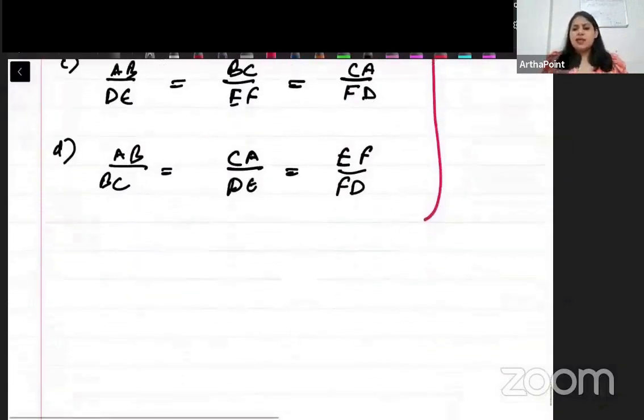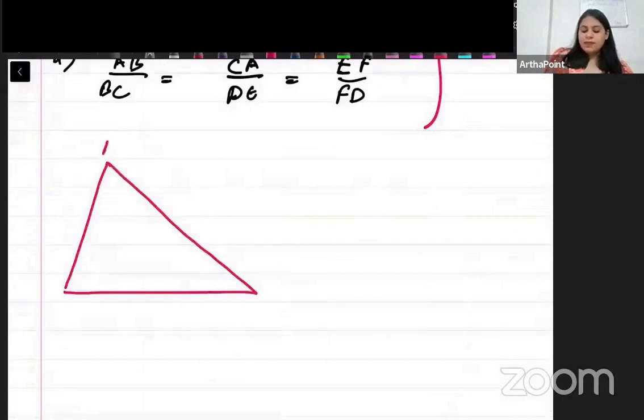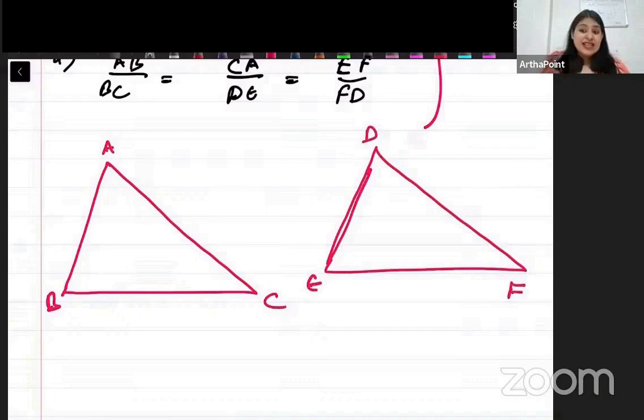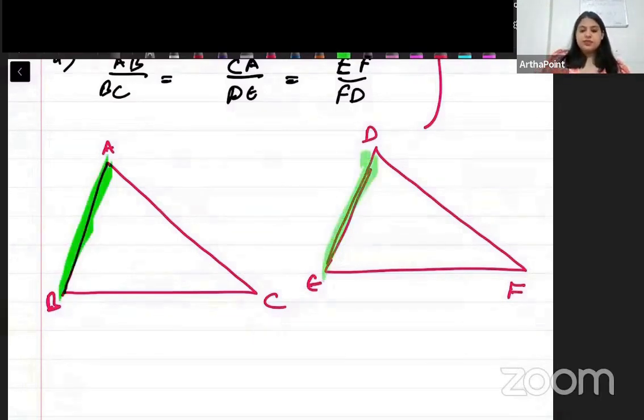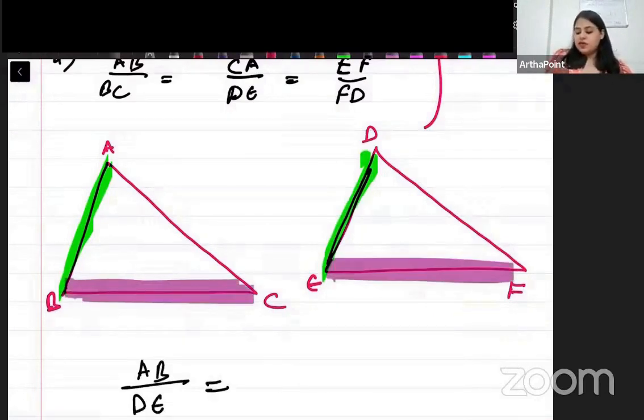Very easy, make a diagram and see. So I have triangle ABC and triangle DEF. So ratio of corresponding sides must be equal to each other. So I must have that this AB by DE should be equal to BC by EF.